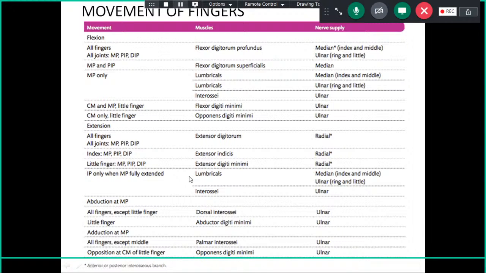This is a reiteration of what you have already done about the extensor compartment and the attachments. Okay? Extension at the interphalangeal joint is caused by lumbricals and interossei when the metacarpophalangeal joint is fully extended. Similarly, abduction is by the dorsal interossei and the abductor digiti minimi for the little finger, adduction by the palmar interossei, and opposition is by the opponens digiti minimi.